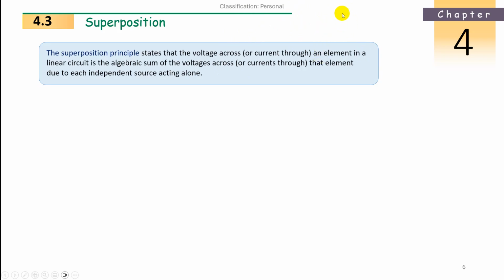Then we got a new technique called superposition. In that, if we have many voltage sources in the given circuit, then one voltage source will be taken at a time. The remaining voltage sources, we will remove. Then we'll analyze what the current and voltages are in each branch for that voltage source.